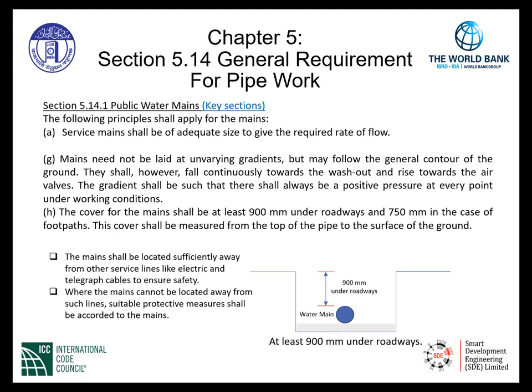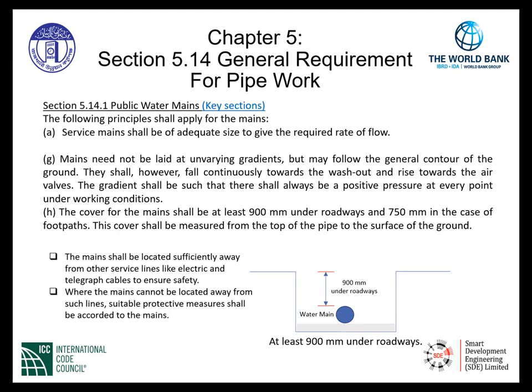The gradient shall be such that there shall always be a positive pressure at every point under working conditions. The cover for the main shall be at least 900 millimeters under roadways and 750 millimeters in case of footpaths. This cover shall be maintained from the top of the pipe to the surface of the ground.